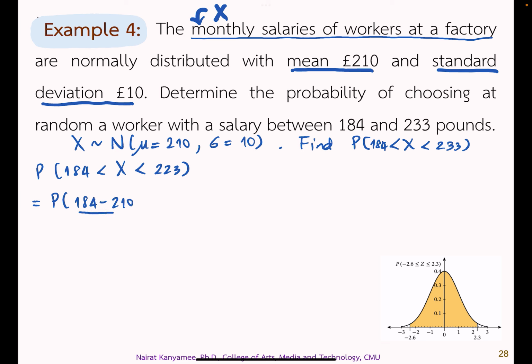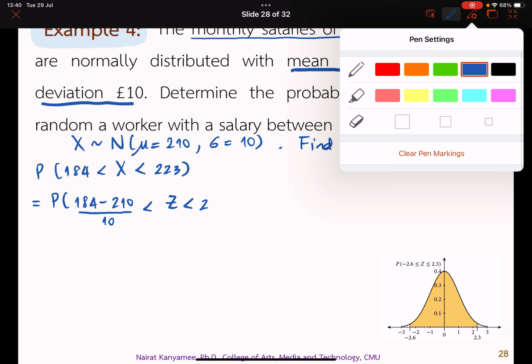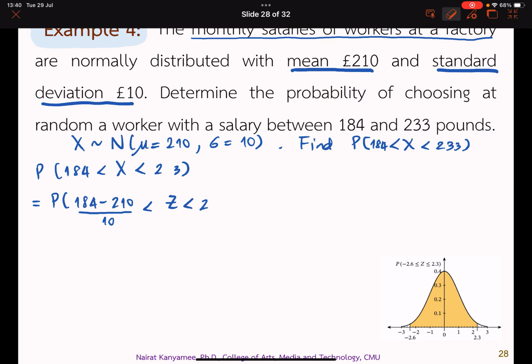Minus mu over sigma, less than z, less than 233 minus 210 over 10. Okay, so calculate this, and we get minus 2.6 less than z less than 2.3.